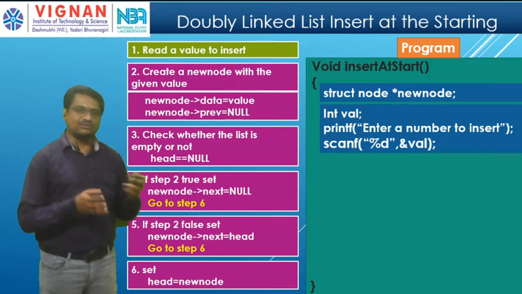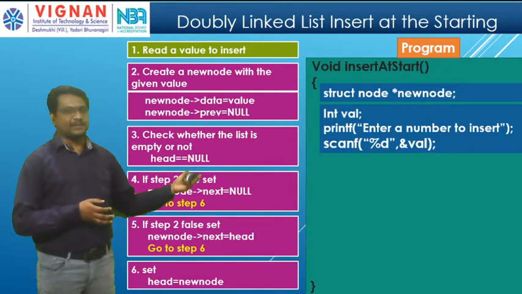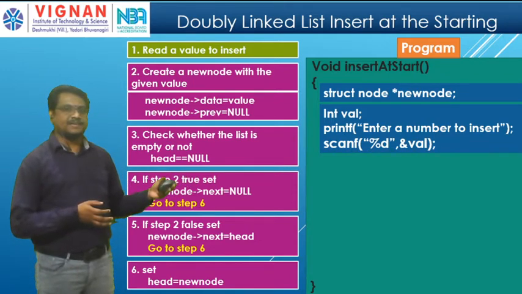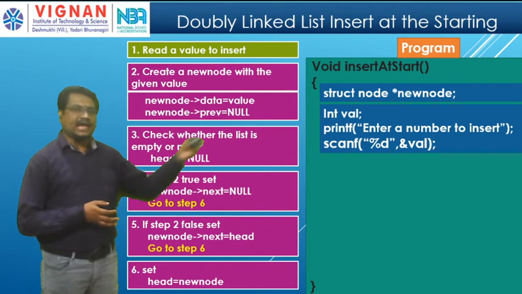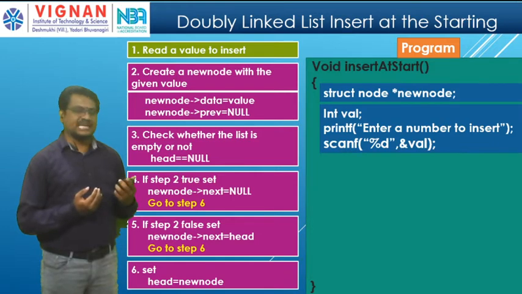Now we have to insert an element. If you insert, then I can do my process. So for notification purposes, I have used printf here: enter a number. Now he will enter the number, but I need to read that data. Am I right? For reading the data from the user, I will use scanf.